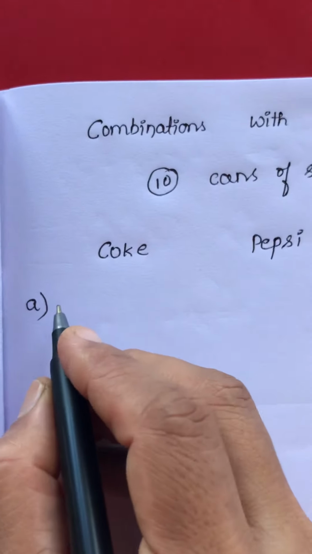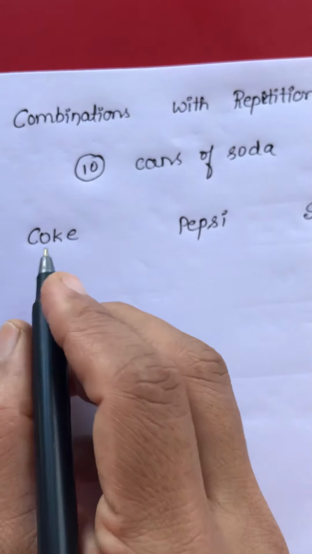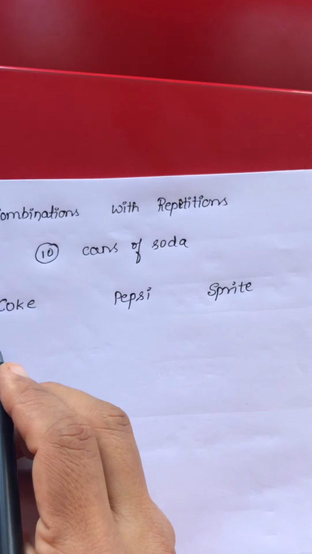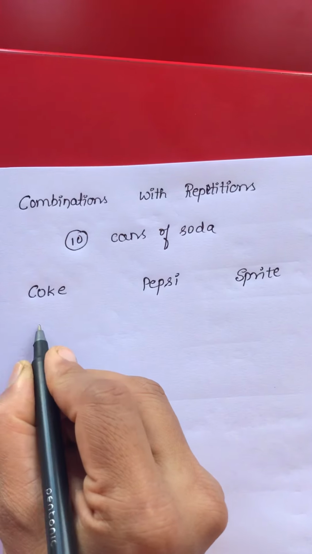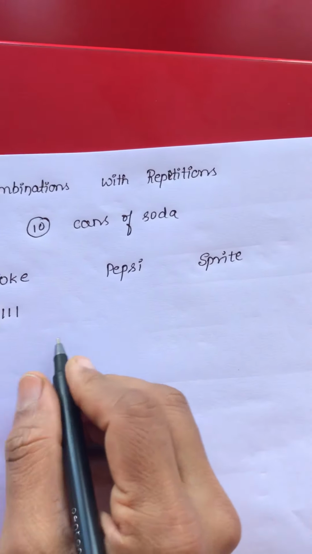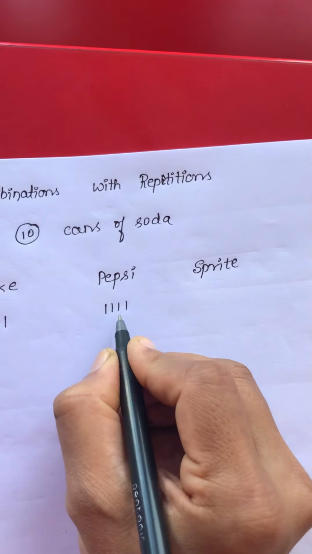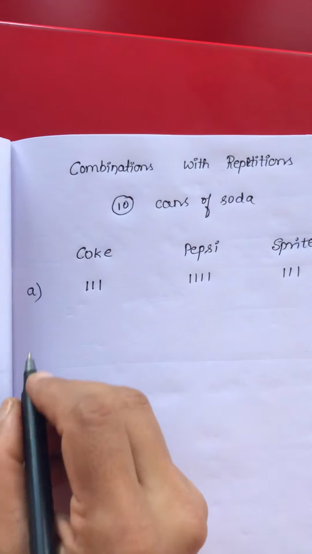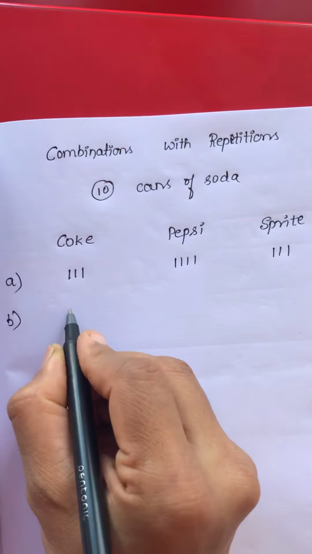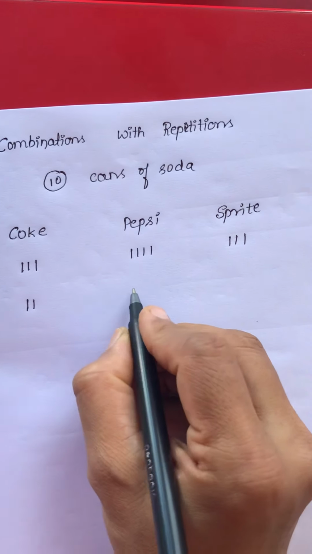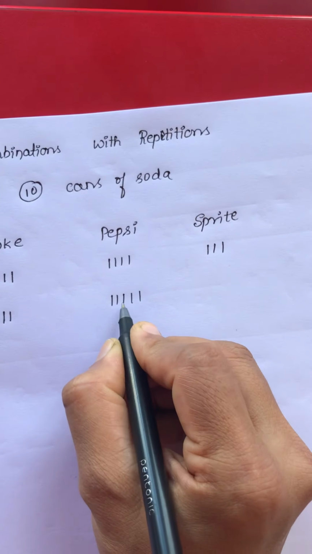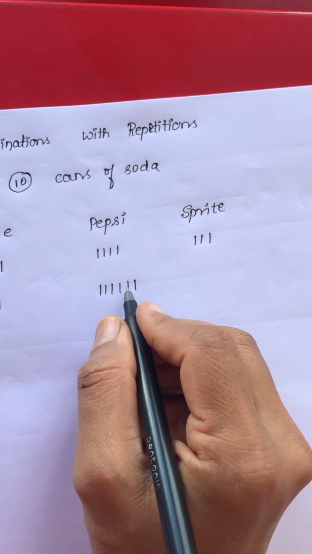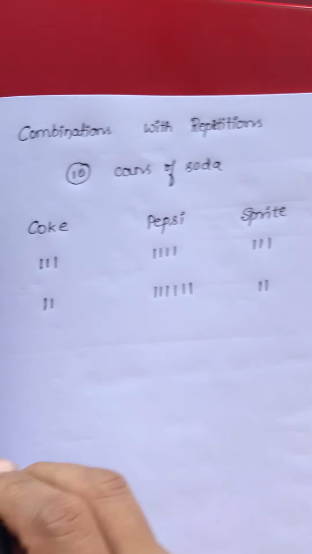So now the first thing is how he can select 10 cans of soda. Maybe he will select 3 Coke, 4 Pepsi and then 3 Sprite. This is one possibility. Maybe he can select 2 Coke, 6 Pepsi and then 2 Sprite.